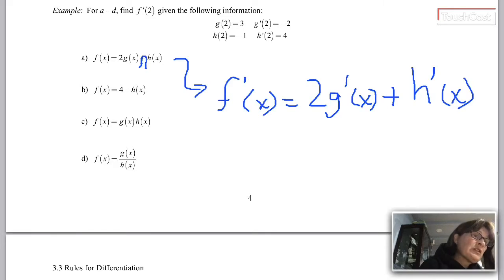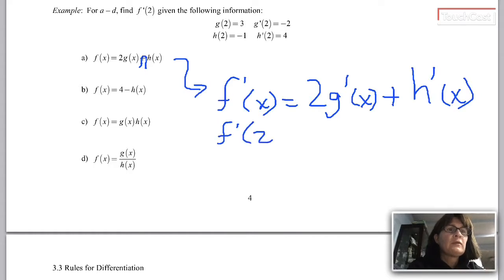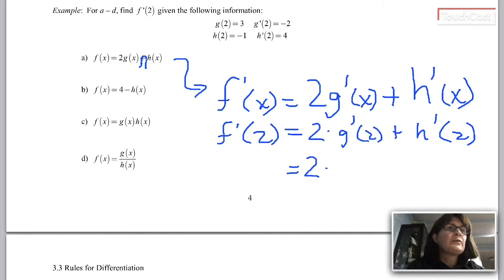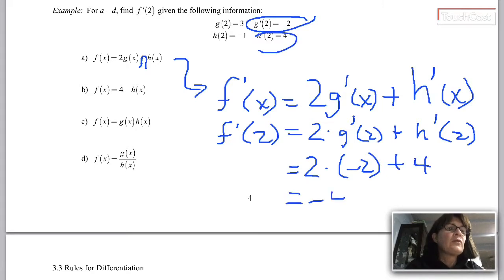Now that I have an expression for f prime of x, I can evaluate it at 2 to find f prime of 2. So f prime of 2 is 2 times g prime of 2 plus h prime of 2. In this case, 2 times g prime of 2 is negative 2 plus 4. That's negative 4 plus 4, which is 0.